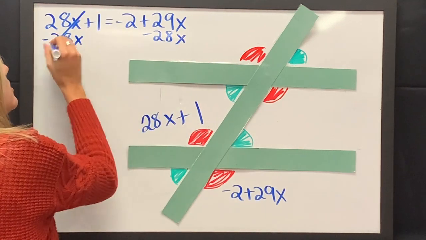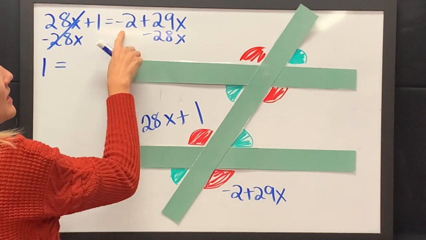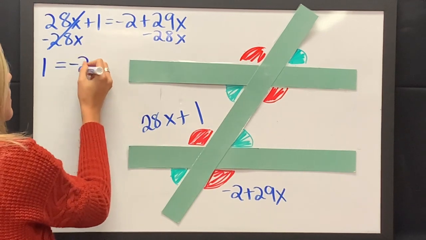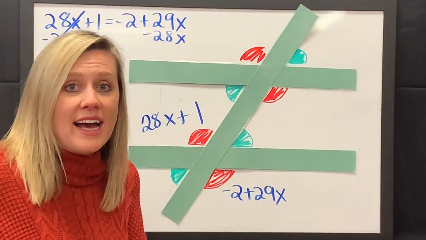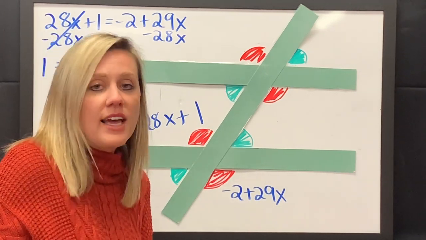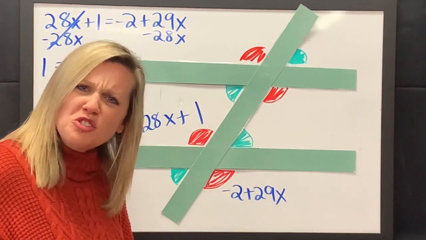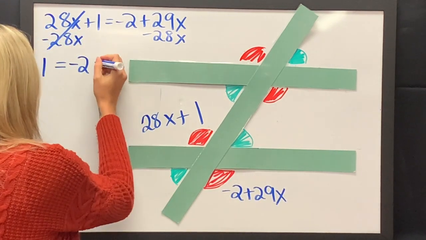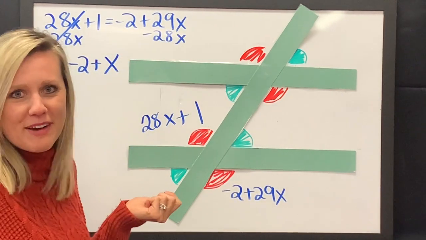These are going to cancel, and I'm going to be left with 1 equals -2. And then 29x minus 28x is just 1x. And a lot of times, instead of writing just 1x, usually we just write x. There we go.